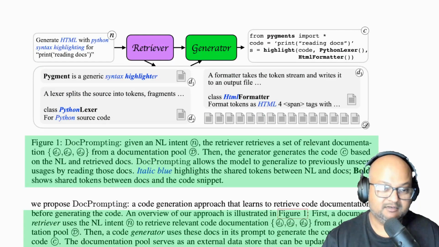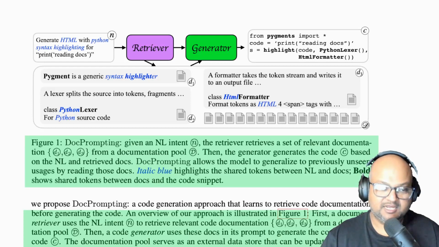The key idea of DocPrompting, as the name would suggest, is breaking up the synthesis into two steps. Step one is a retrieval phase, where given your natural language prompt, you retrieve documentation related to that prompt from a corpus of documentation.